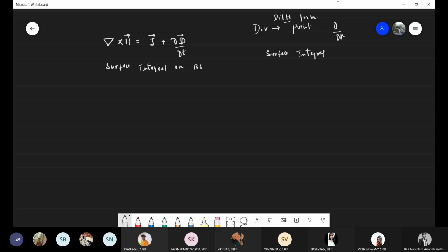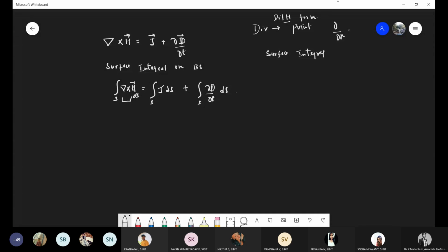So I'll get surface integral of curl of H is equal to surface integral of J ds plus surface integral of dou D by dou t into ds. Now, if I apply Stokes theorem here, what is curl of any given vector?